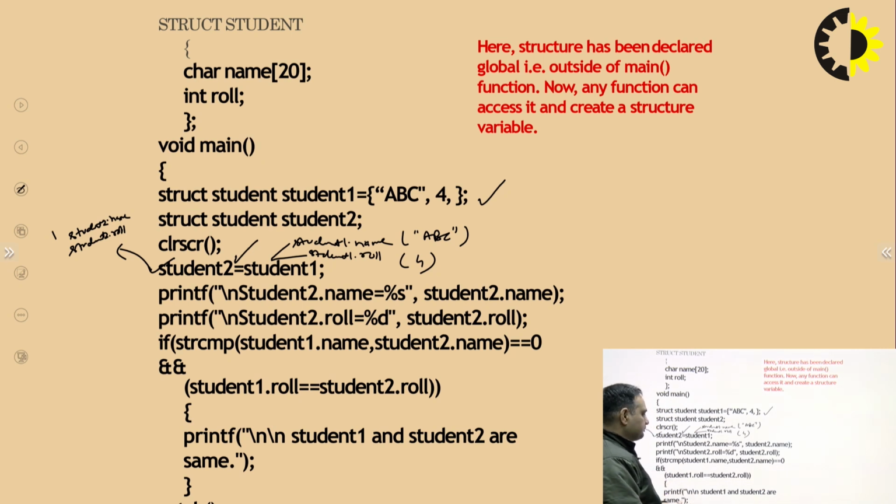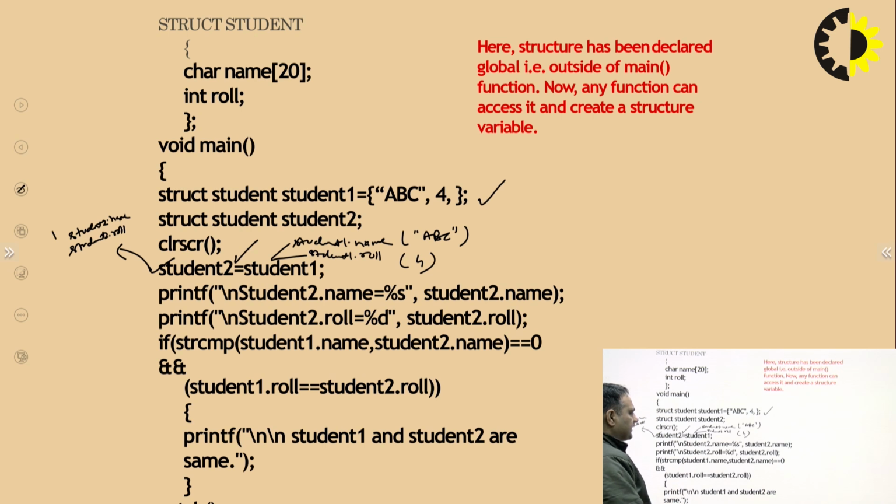It is true because both structure variables have the same information in the fields name and roll number. So the comparison is true. Compare means student 1 dot name is compared with student 2 dot name, and student 1 dot roll is compared with student 2 dot roll.